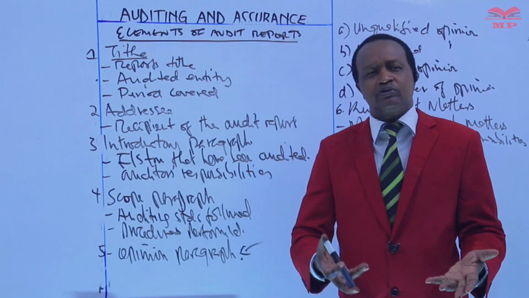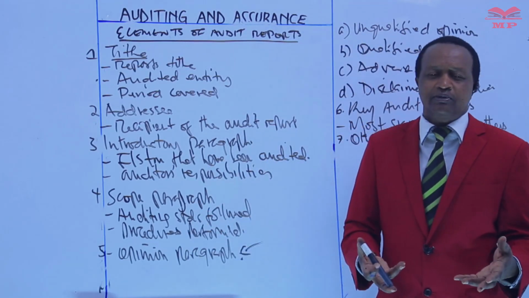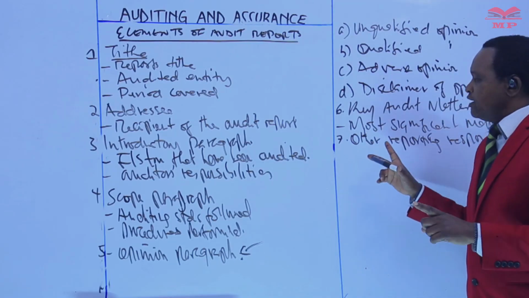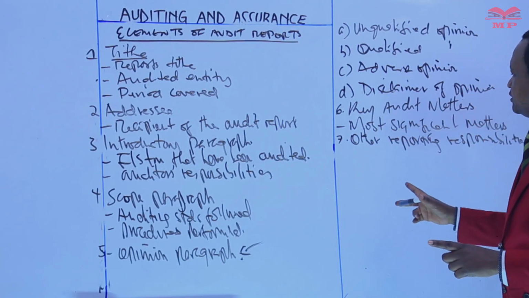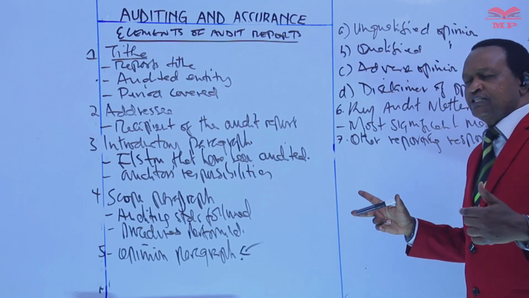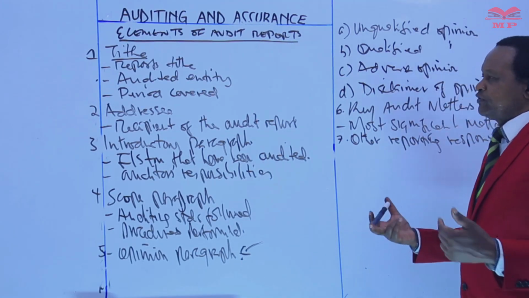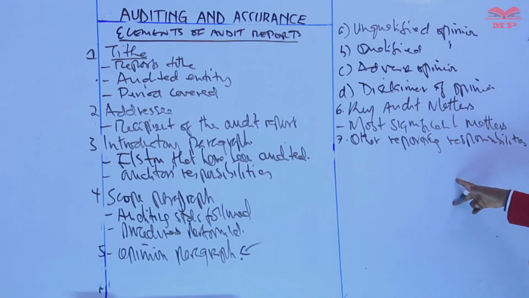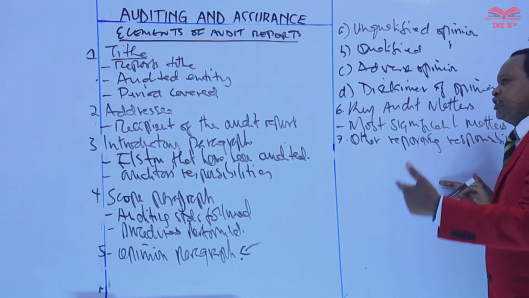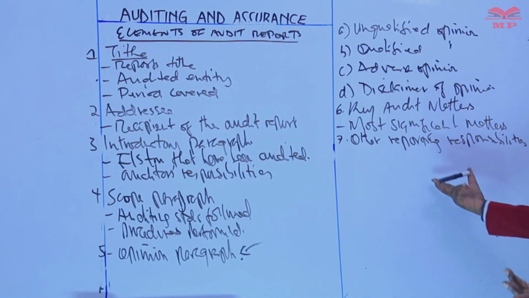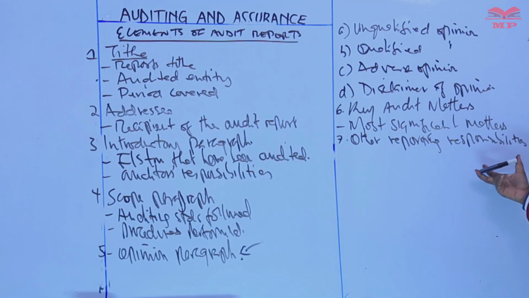This is the chairman to the board of directors. The directors may also have their own report. Now, the auditor may be required to give an opinion on these other reports apart from the financial statements. So that may also be part of the auditor's report: his opinion on the chairman's statement or on the director's report. That is just under other reporting responsibilities.